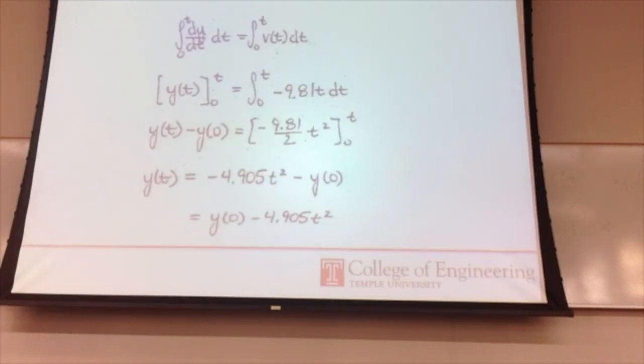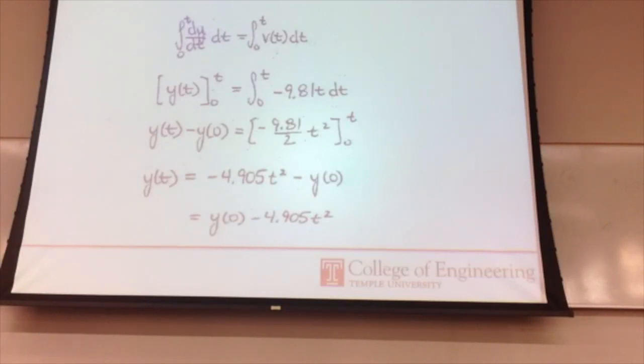In this case, the initial position, let's see, we're going to solve for the position at any time. This function evaluated from 0 to t, again, minus 9.81 over 2 times t squared, and we're going to subtract minus 9.81 over 2 times 0 squared, so that's 0.